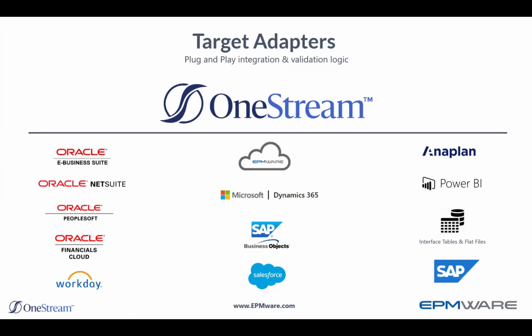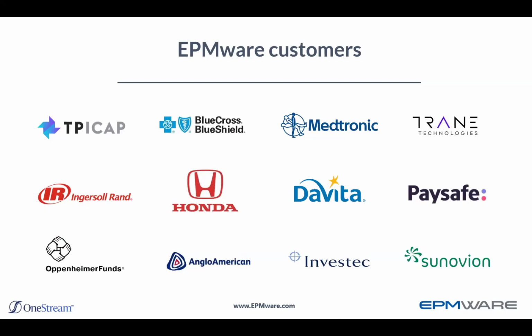A few EPMware customers that we've worked with, a lot of folks have come to us with older Hyperion applications like DRM or EDMCS, and they've gone to EPMware to get a little bit more feature set, some more functionality. Kind of the same thing for OneStream as well, to get a little bit more alignment between the variety of different applications within the suite of applications that they're managing.